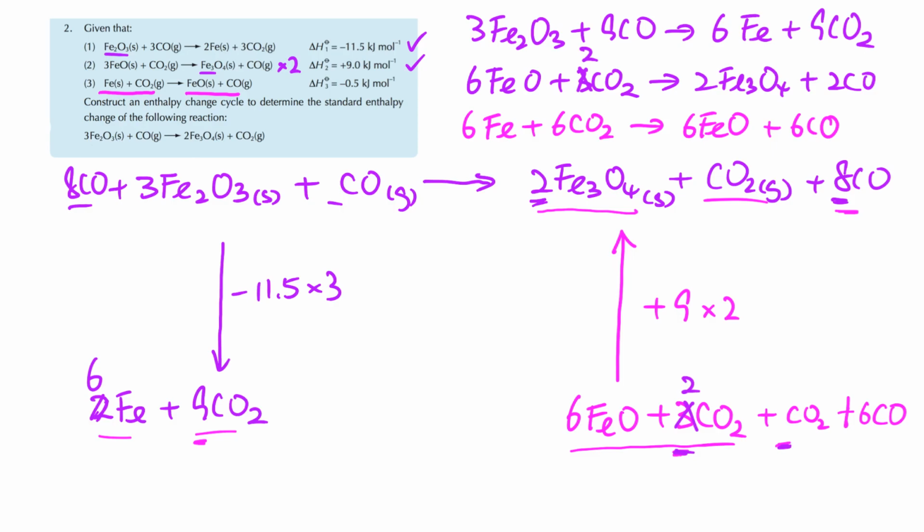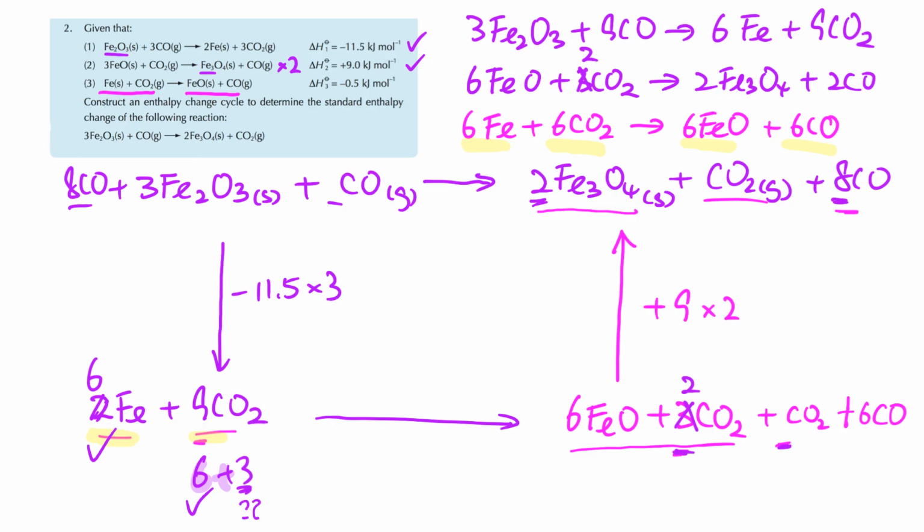One more time. 6 Fe, 6 Fe, 6 CO2. So 6 Fe, I take 6 of it. So 6 plus 3, you have 3 left. So you have 6 Fe and 6 CO2 giving 6 FeO and 6 CO. So when I combine, I use up this one, I use up this one, leaving behind CO2 here.